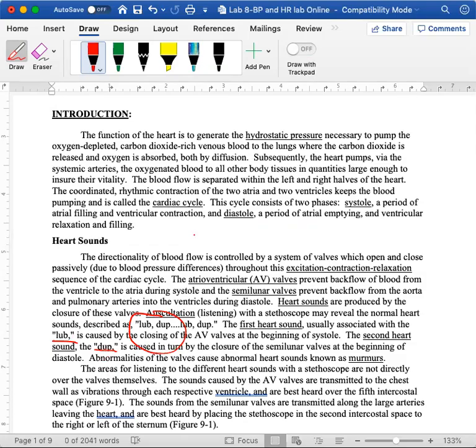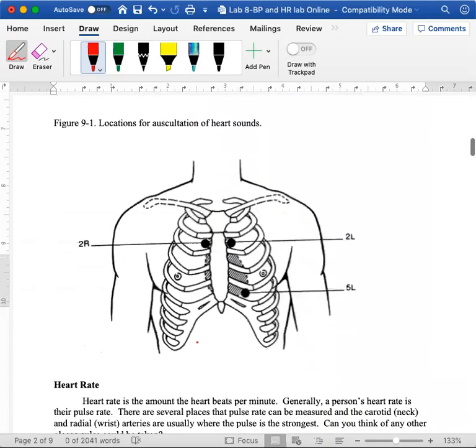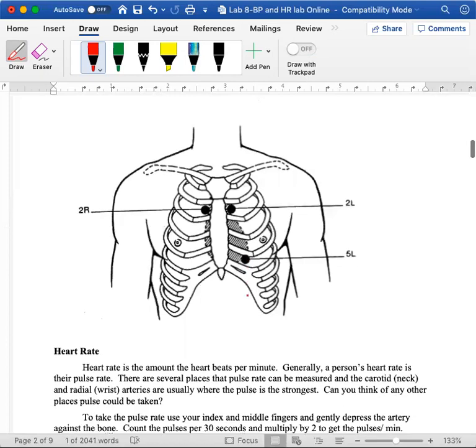We do this first because this is louder than hearing the blood pressure sounds through the stethoscope. Okay, so if you look at auscultation of heart sounds, you're going to hear the lub down here and then the dub up there, right?